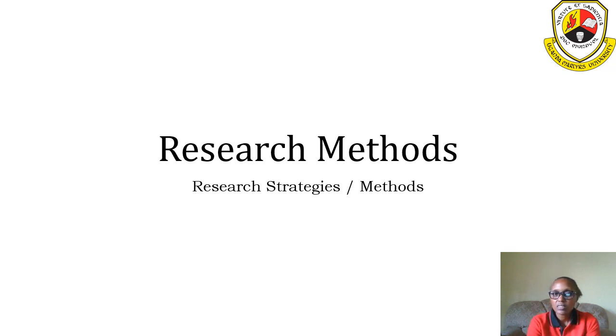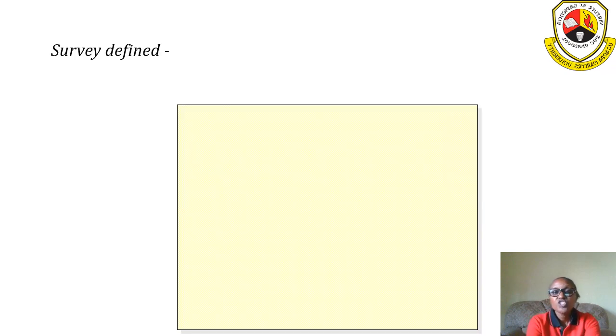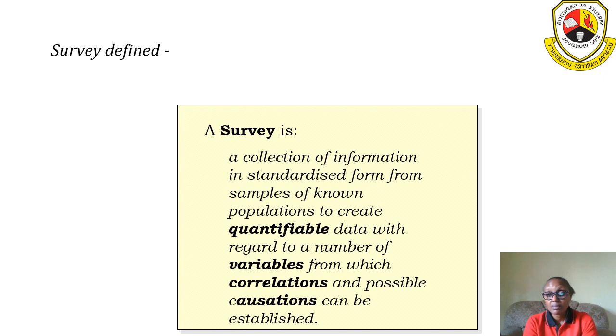So let us start with the very first research method, which is the survey research method. We have talked about this, and I'm sure many of you have heard about it. It is essentially a quantitative driven research method or strategy and deals with numbers in particular.